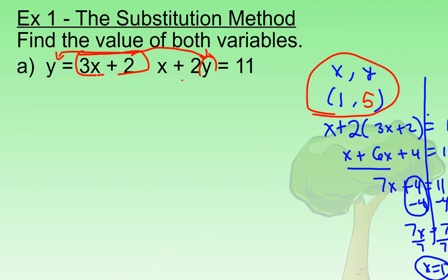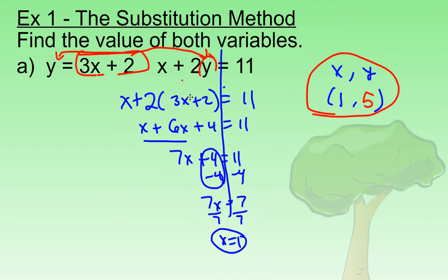And when you plug in a 3x plus 2 for y, like we did here, and we distribute, and you solve, we found an x value of 1. That x value of 1 works in both equations. All we had to do then was take that x value of 1, plug it into one of our equations to find the y value, and we're done. We found the solution.